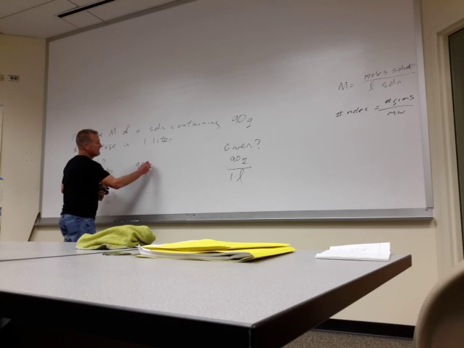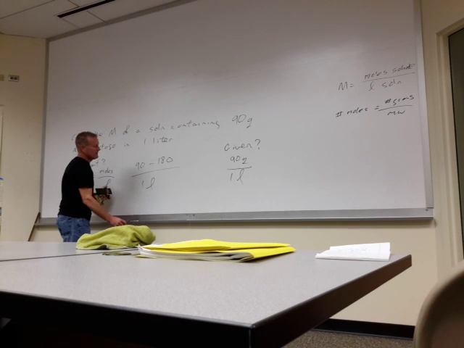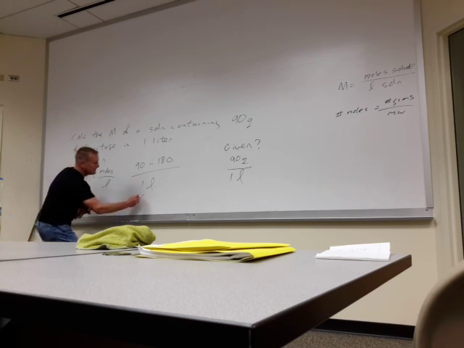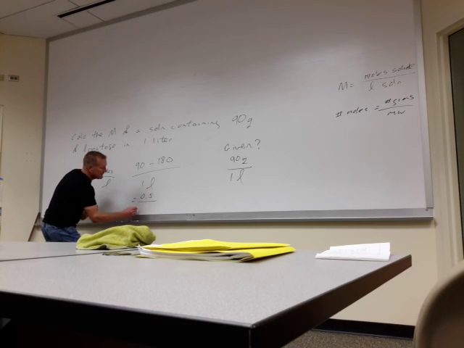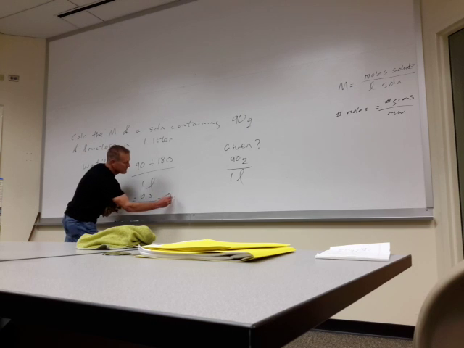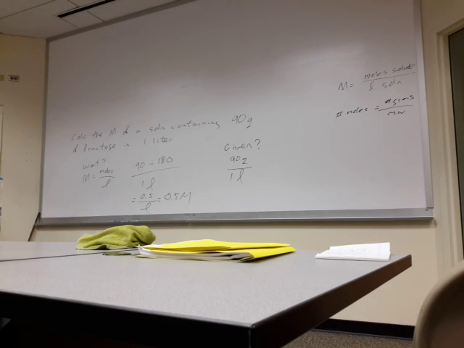So 90 divided by, what's the molecular weight? 180 over 1 liter. So what do I have now? 0.5 over 1 liter. So what's the molarity? 0.5 molar.